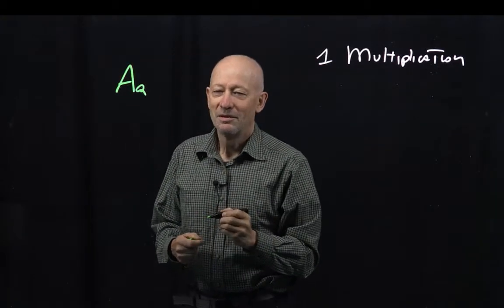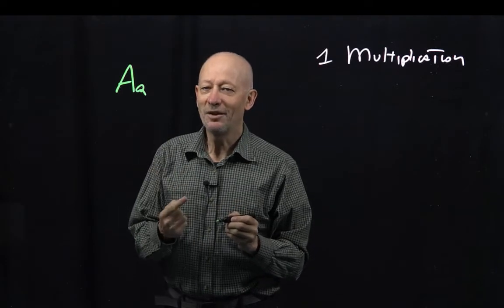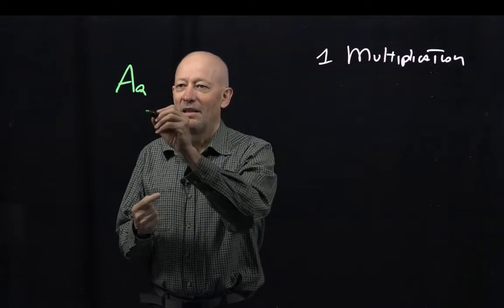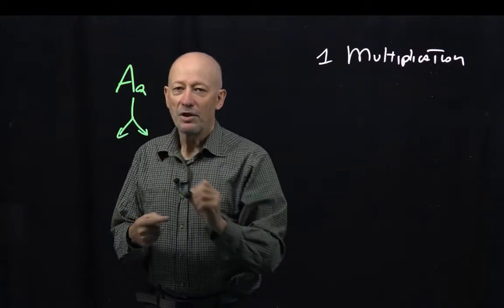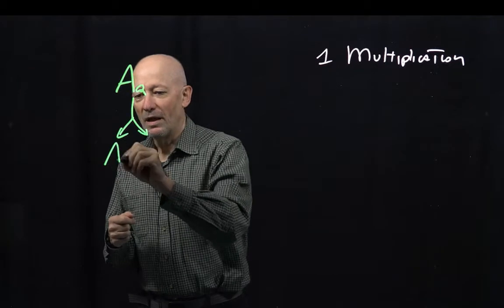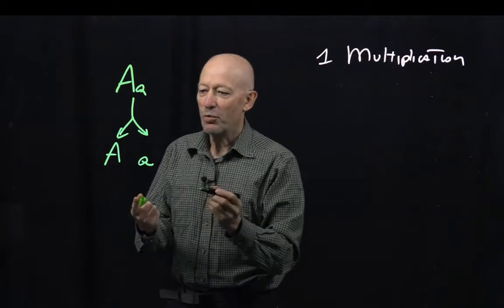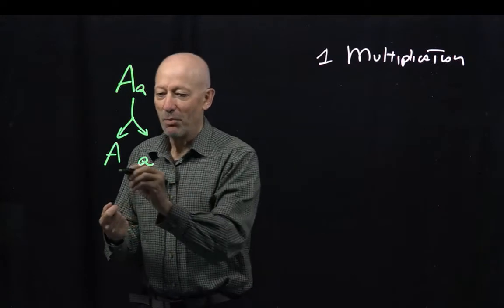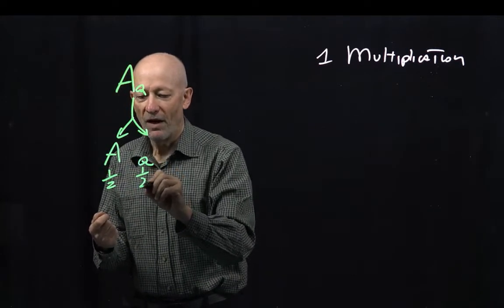It is a big A, little a. It has 2 alleles. When it makes the gametes, it can produce only 2 types of gametes, one that has the big A, the other one that has the little a. And so we know that each one of these gametes has a probability of 1 out of 2, or 0.5.